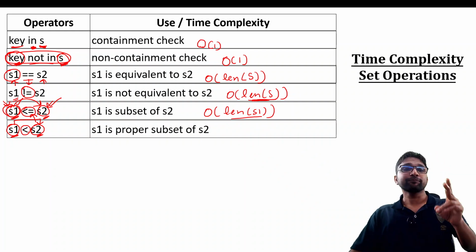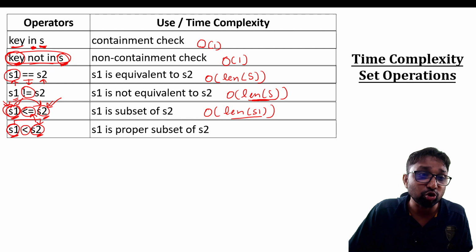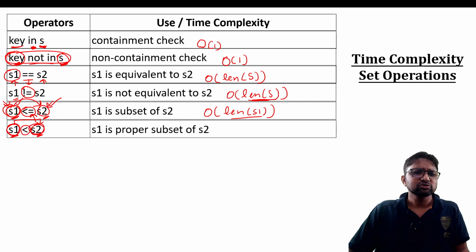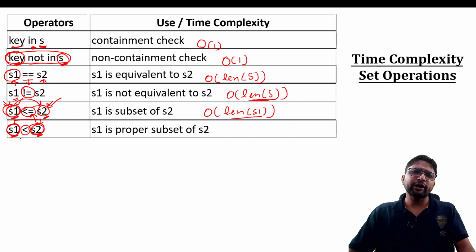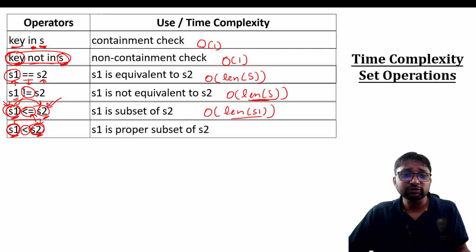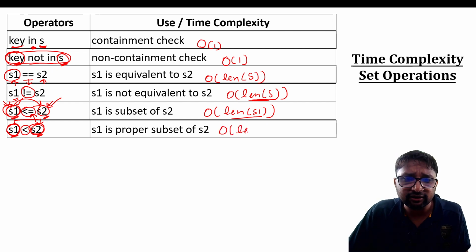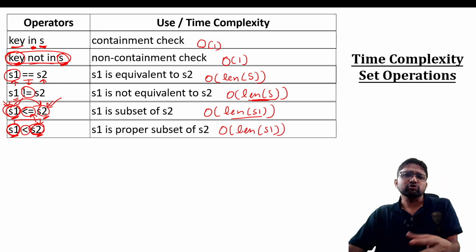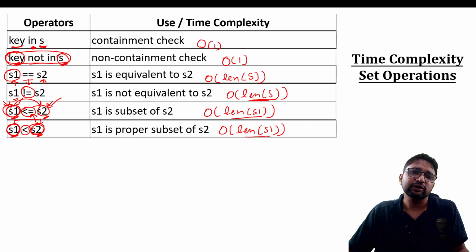And the size of S1 should be smaller than S2. So how will you find out that S1 is a proper subset of S2? Simple, the same way: pick all elements of S1 one by one and search in S2. So the number of operations is the length of S1.